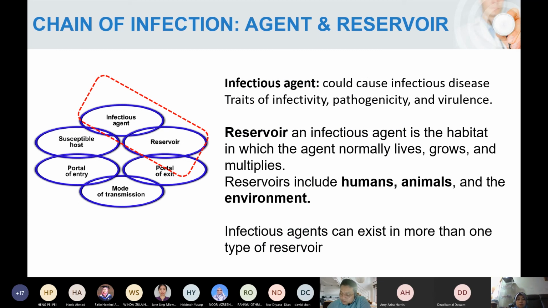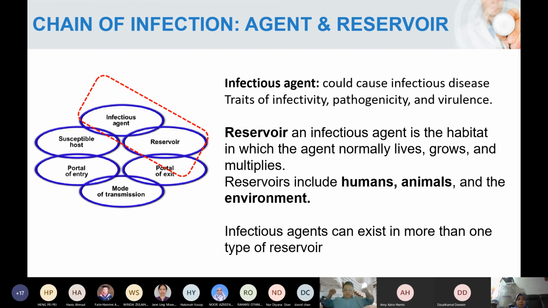Okay, what is an agent? And then the reservoir of an infectious agent is a habitat, a place to live, grow and multiply. It can be human, animal, or environment. An infectious agent can exist in more than one type of reservoir.